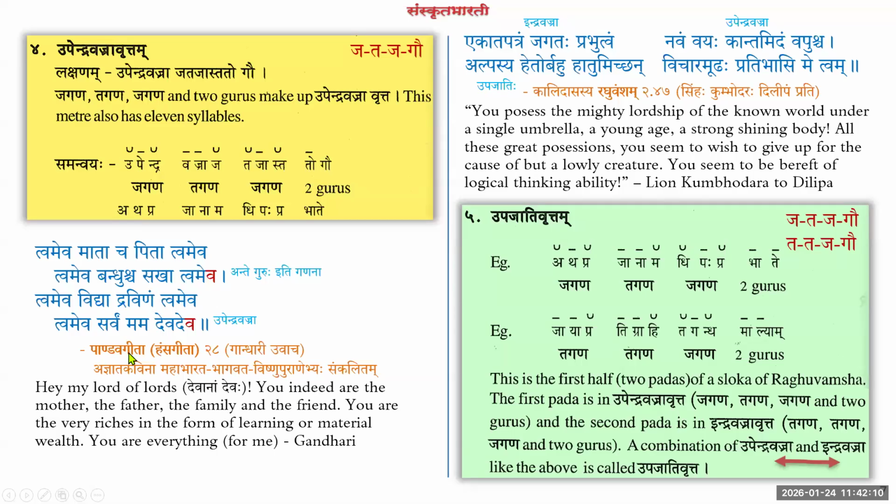This Tvameva Mata comes from the Pandava Gita or Hamsa Gita, Gandhari in the Mahabharata. So this is straight from Vyasa's mouth and it is part of Gandhari's statement. It's called Pandava Gita or Hamsa Gita, interestingly, 28th verse under that. It is Ajnata Kavina Mahabharata Bhagavata Vishnu Puranebhyah Sankalitam.